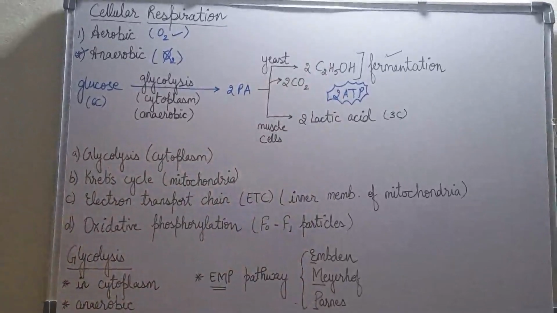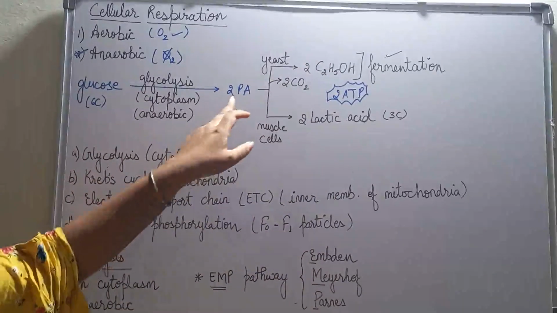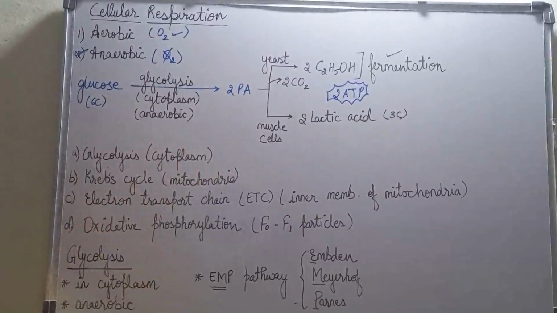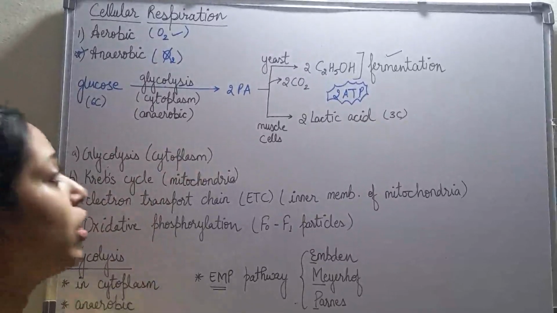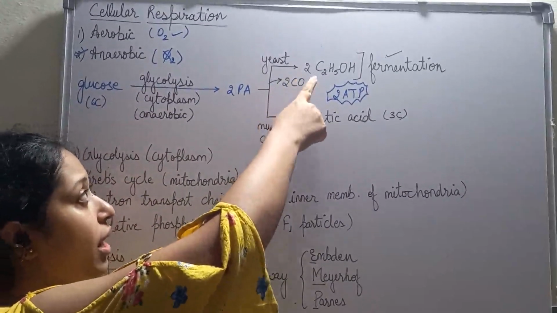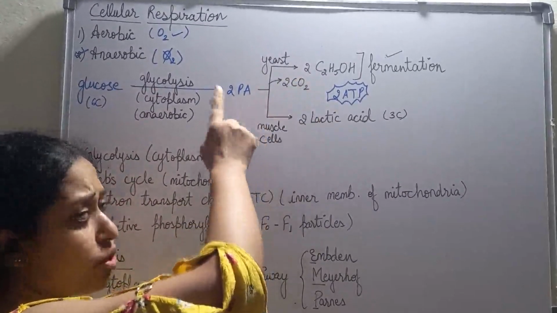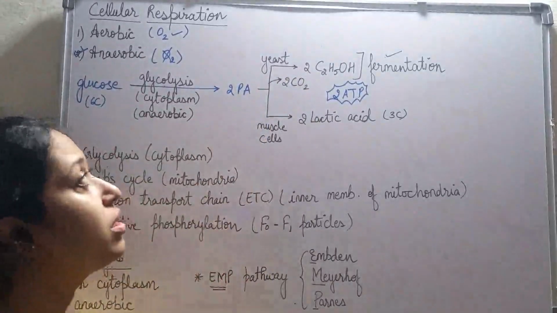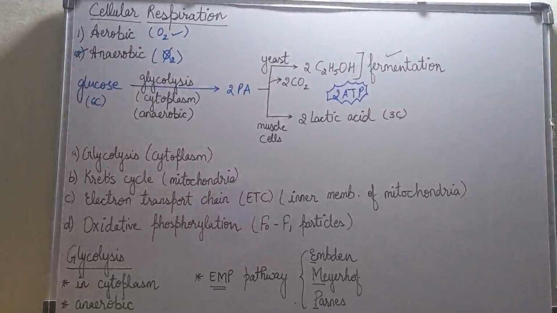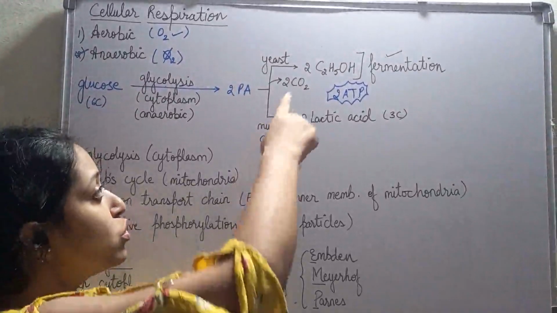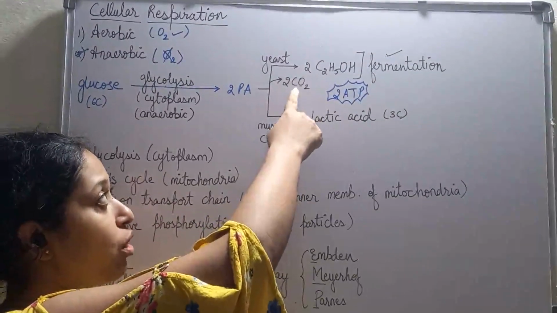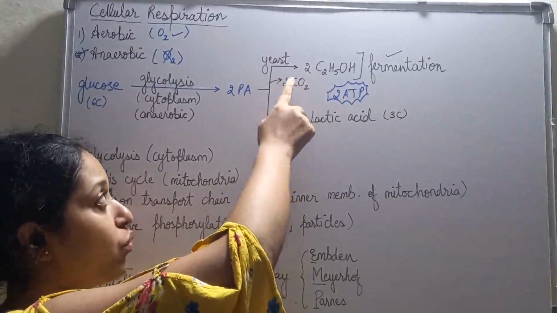See, if we take 1 molecule of pyruvic acid, say, so it is a 3-carbon compound, it will form 1 carbon dioxide. We have all written 2 here because this is 2. Otherwise, consider that we have taken 1 molecule of pyruvic acid, which is a 3-carbon compound. So, it will form ethanol, which is a 2-carbon compound, along with the release of carbon dioxide, which is a 1-carbon compound.